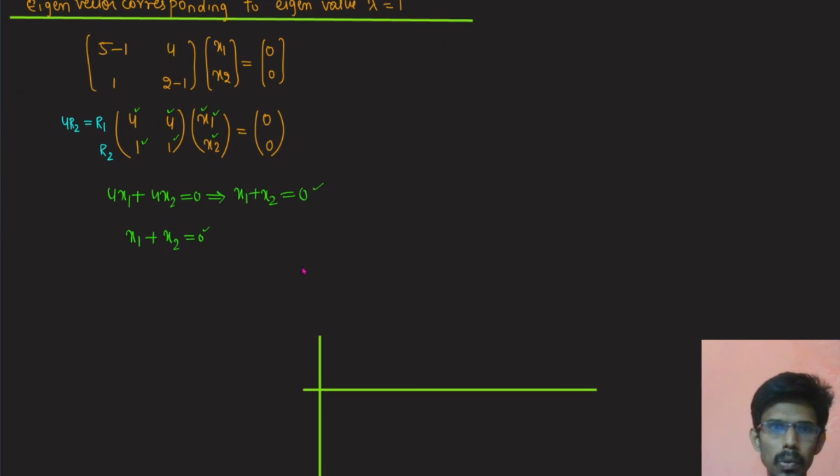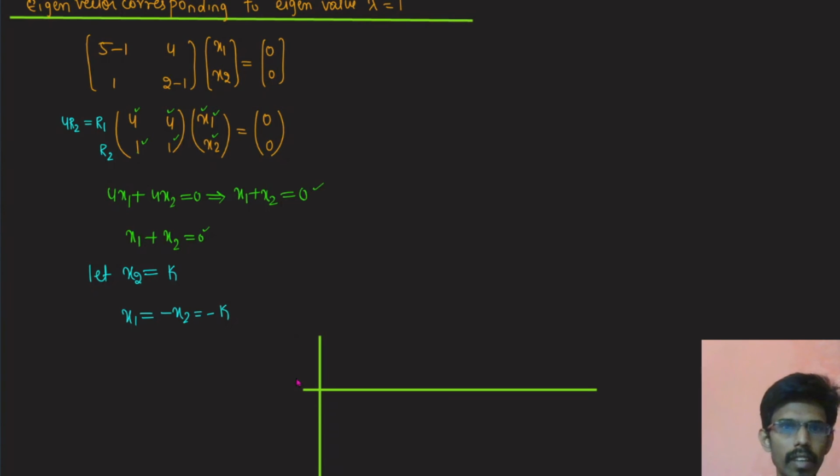So let us suppose the value of x2 to get the eigenvectors. That's why I'm taking, let us suppose x2 as some constant k. Then what will be x1? From this equation only, x1 will be minus x2, minus of k.